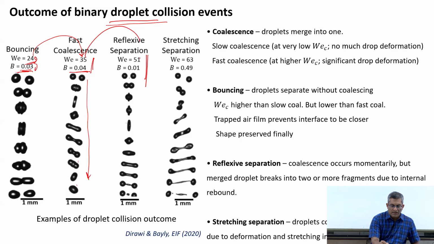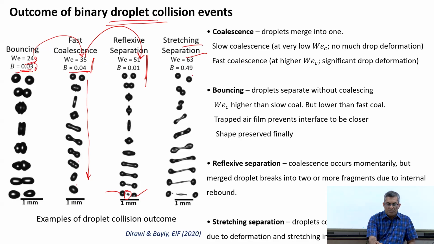Here the collision Weber number is further increased. They collide with each other, a disk is formed, and then it separates and generates some satellite droplets along with the main droplets. This is called reflexive separation.